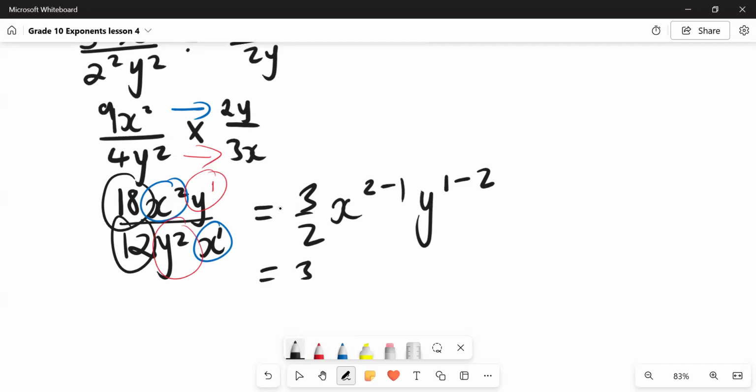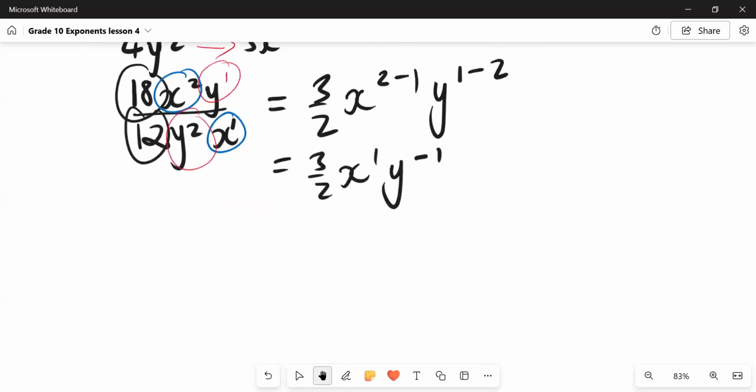So this is 3 over 2 x to the power 1, and then y to the power negative 1, right? But this can be expressed as a positive exponent. So you'll have 3x over 2 times y. Because of that negative, we have to express it as 1 over.